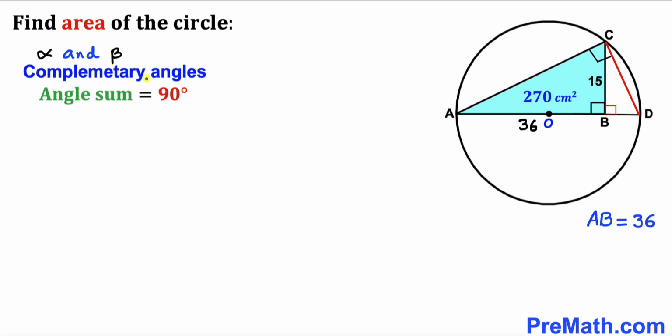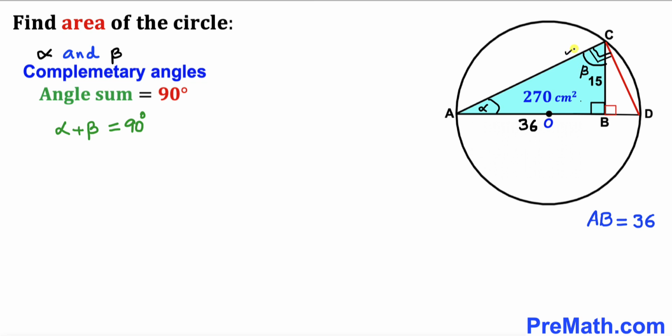And now in this next step, let's assume that alpha and beta are two complementary angles. In other words, the sum alpha plus beta must be equal to 90 degrees. Let's assume that this angle in this blue triangle is alpha. We know this is our 90-degree angle. So this angle is going to be our angle beta. Now we can see that this whole angle is 90 degrees.